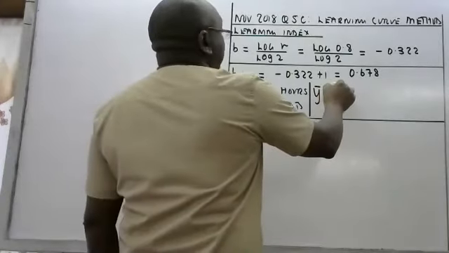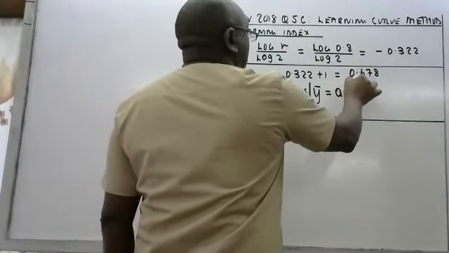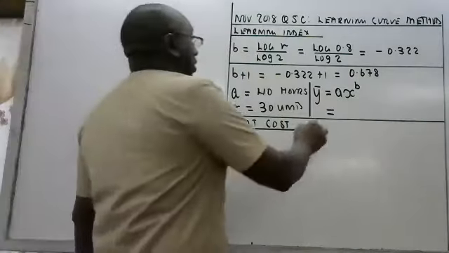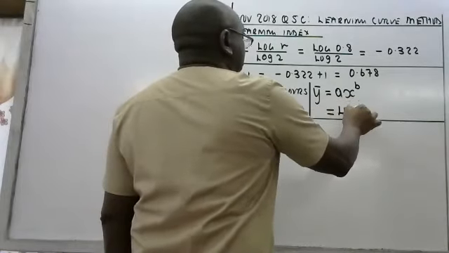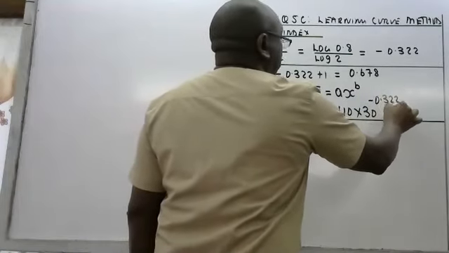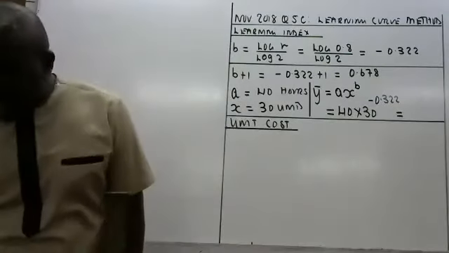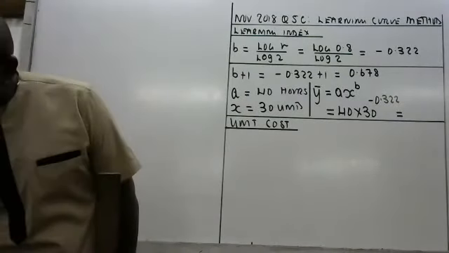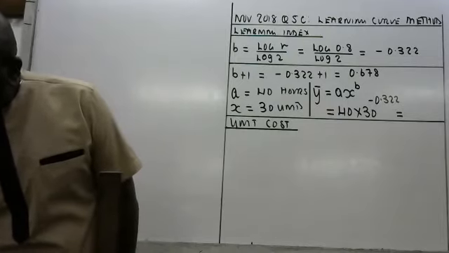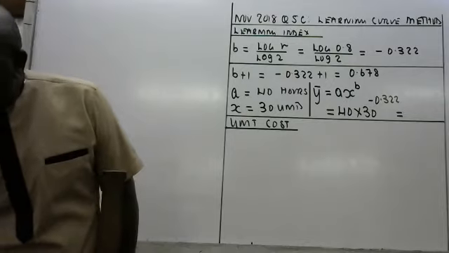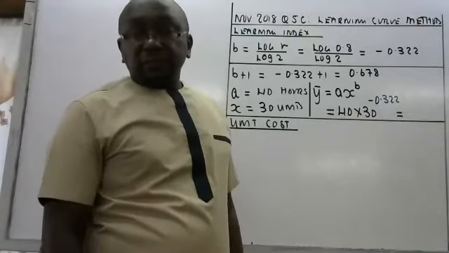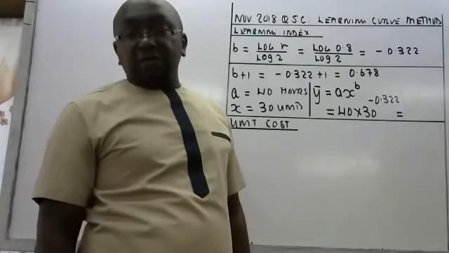So this one, we know the formula is AX raised power B. So this then should be 40 times 30 raised to power minus 0.322. Give me the average to 1 decimal if it has decimals.